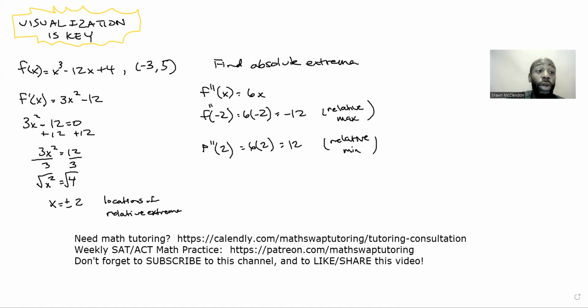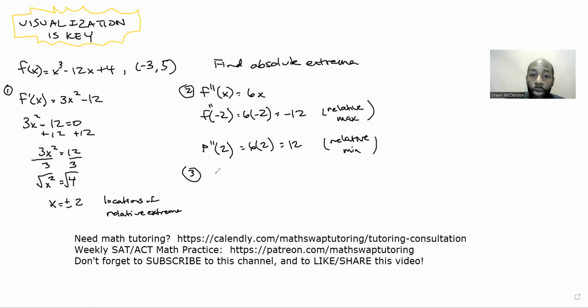All right, so this is stage 1, this is stage 2. Now in stage 3, we want to plug in the extrema values and the range values, -3 and 5, back into the original function to determine the absolute extrema. What's the absolute max? What is the absolute min?